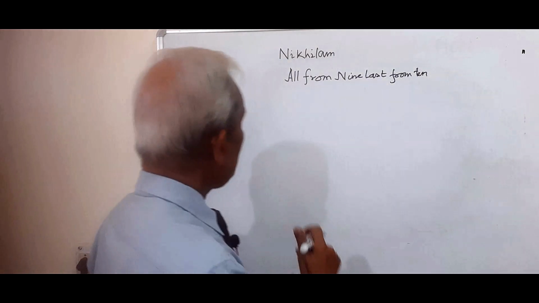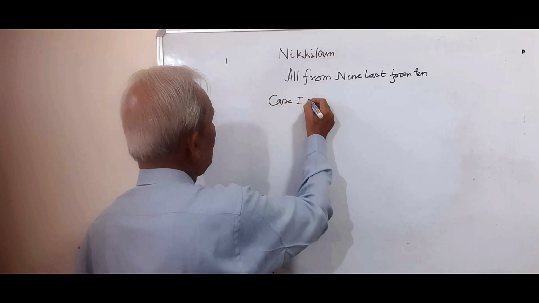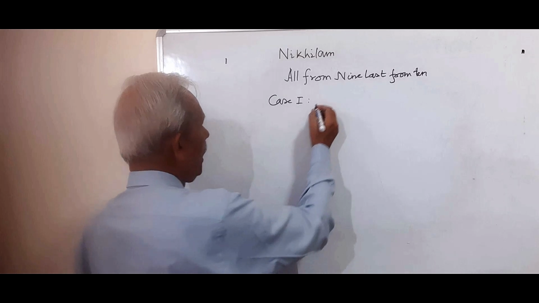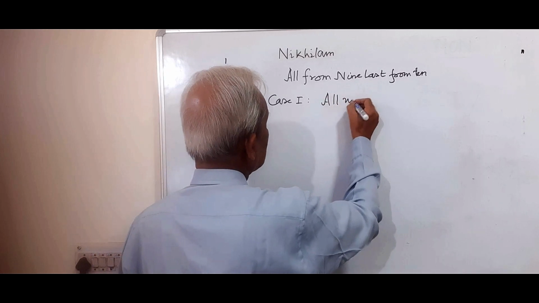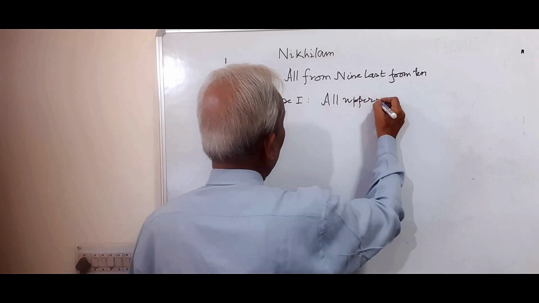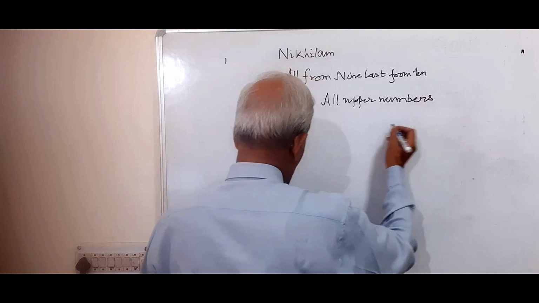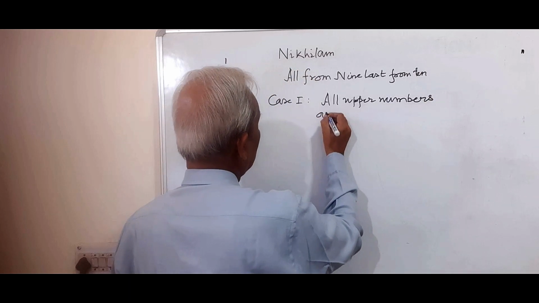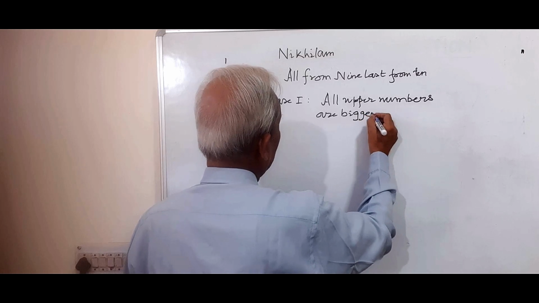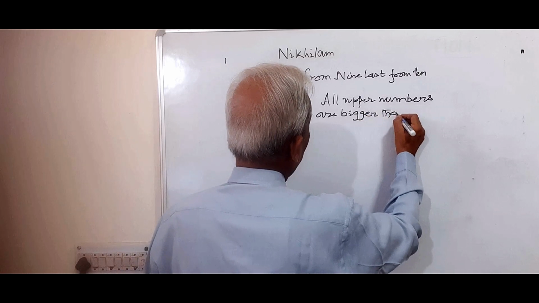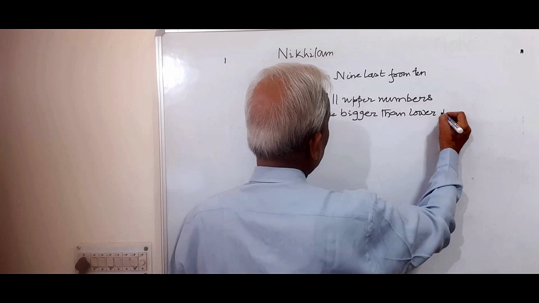The first one, which I call case 1, is where all upper numbers in the subtraction are bigger than lower numbers. This is the first case which you will find.